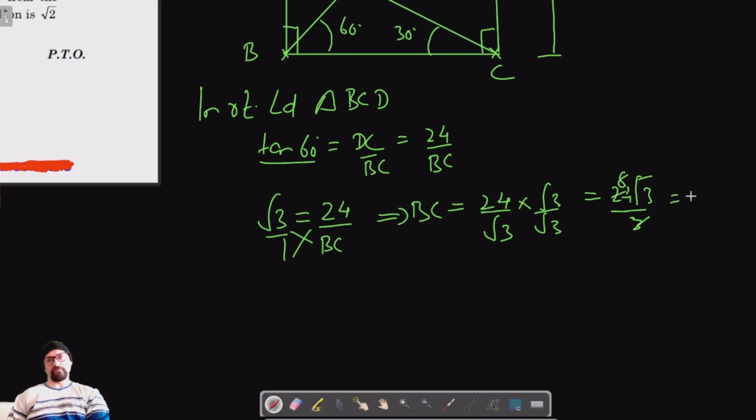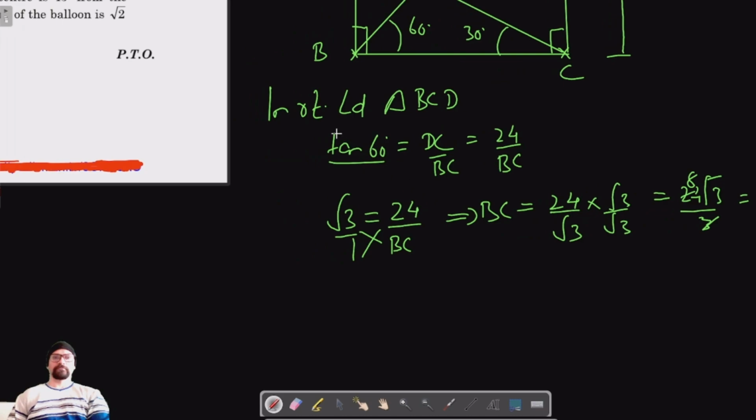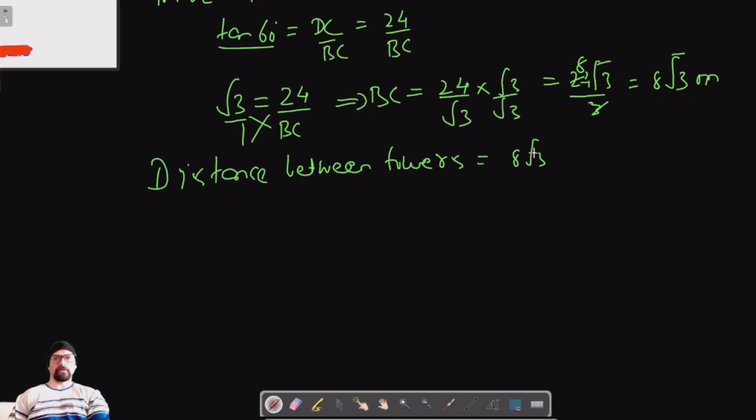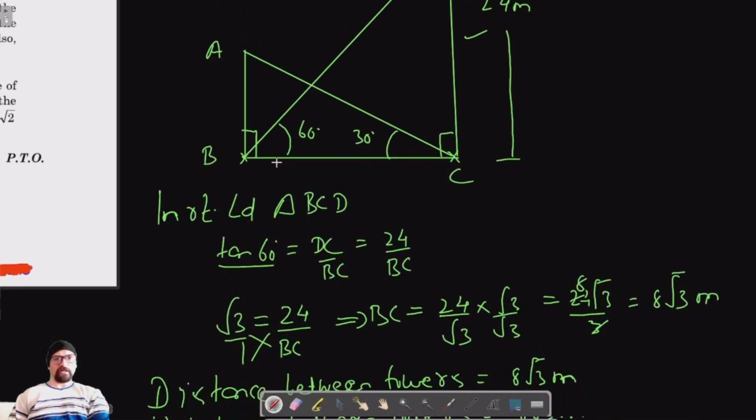This is 3 eights are 24, which is 8 root 3 meter. So the distance between the towers is 8 root 3 meter. Okay, now let's find the height of the second tower.